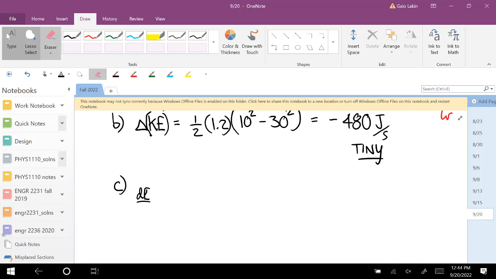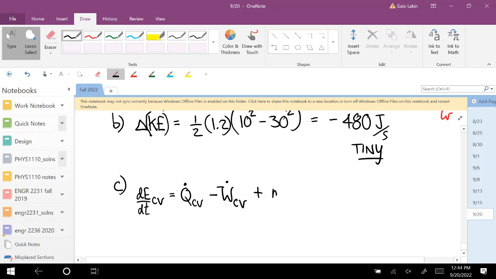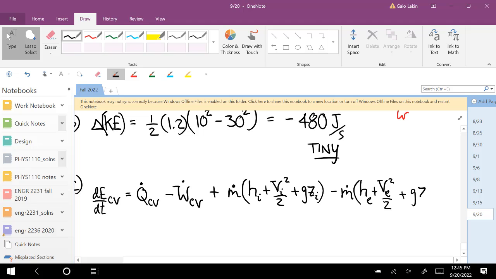So dE dt for the control volume is equal to Q dot for the control volume minus W dot for the control volume plus, I'll write these M's as just M dot because we're still in steady state, times the quantity HI plus VI squared over 2 plus GZI minus M dot times the quantity HE plus VE squared over 2 plus GZE.